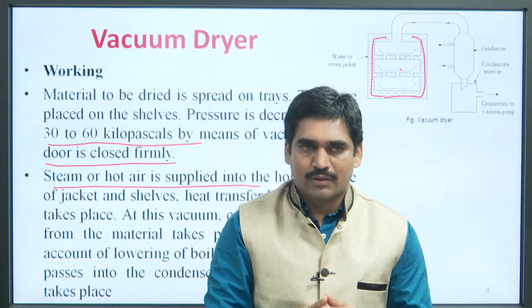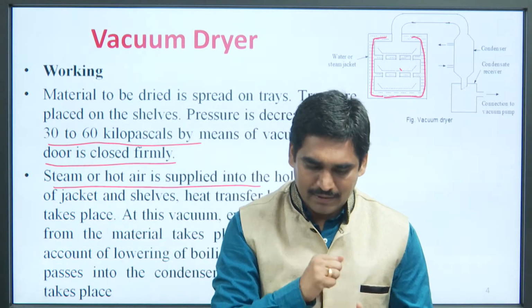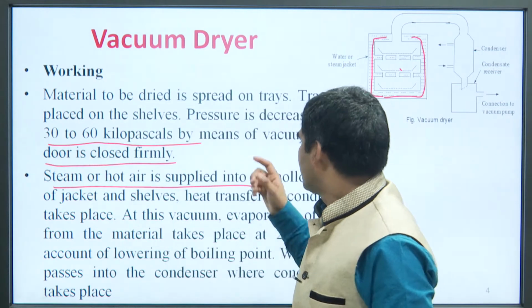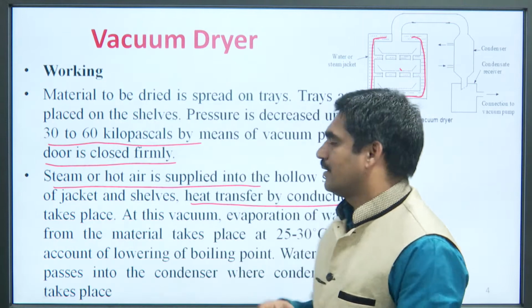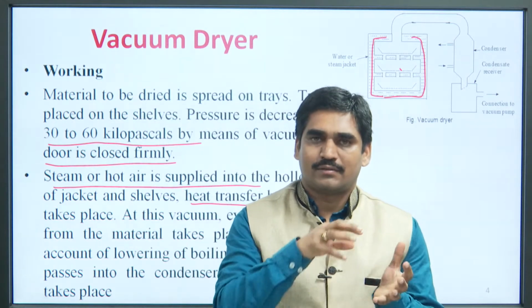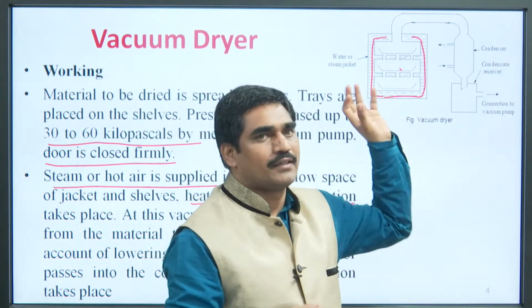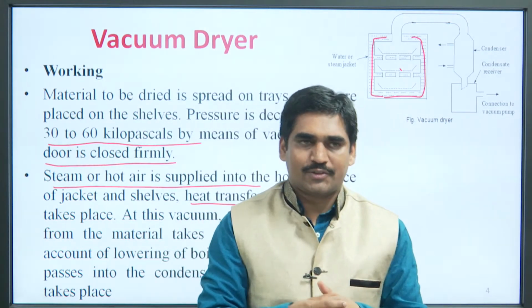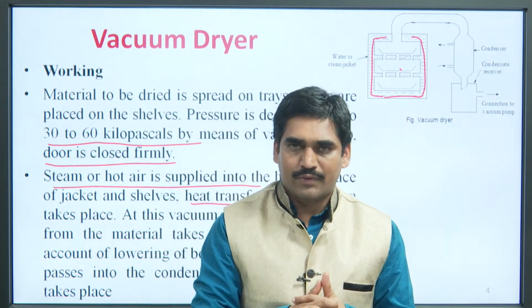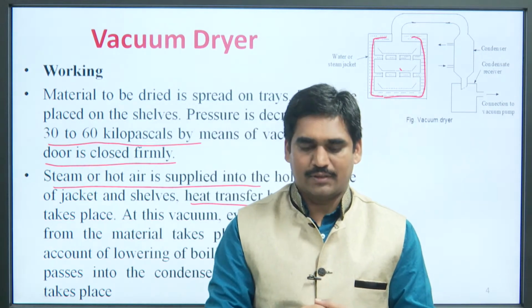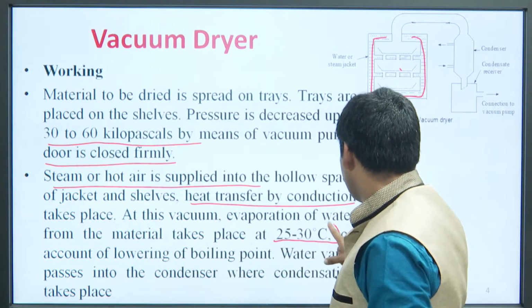As you know, the heat transfer mechanism in this case is conduction. As steam or hot air is introduced into the jackets, heat transfer takes place by conduction. At this vacuum, evaporation of water from the material takes place at around 25 to 30 degrees Celsius.